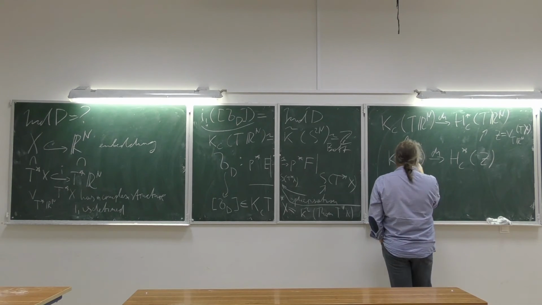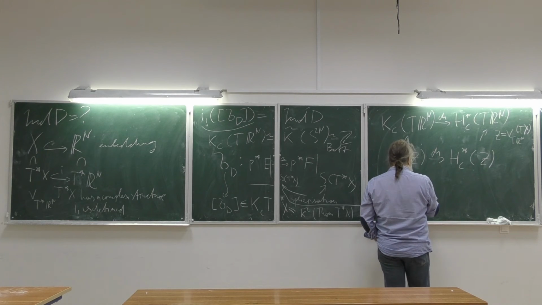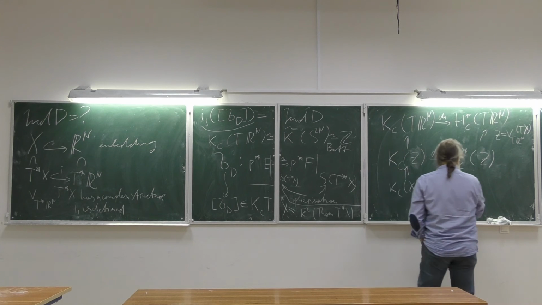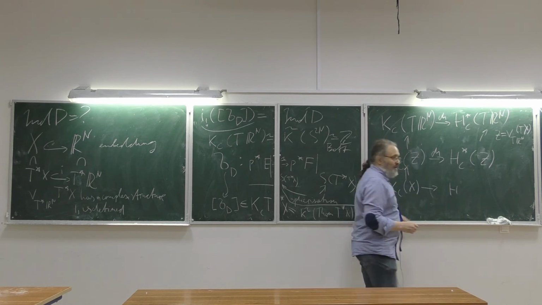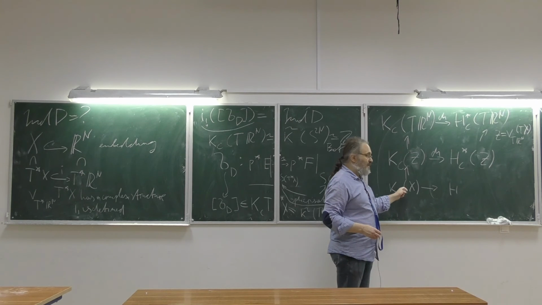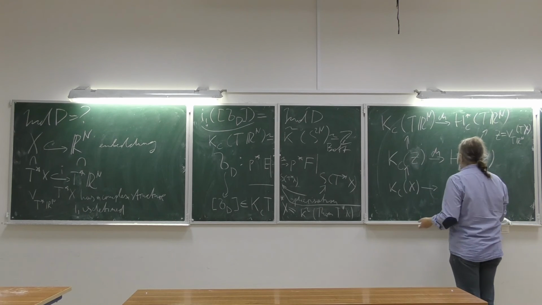And this is a vector bundle over X, which is compact. So if I like, I can keep the C, or I could erase the C. It doesn't matter.